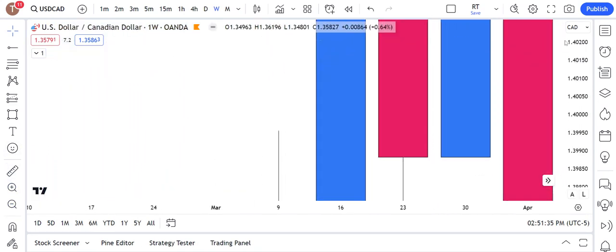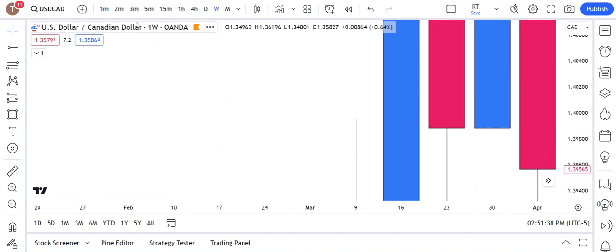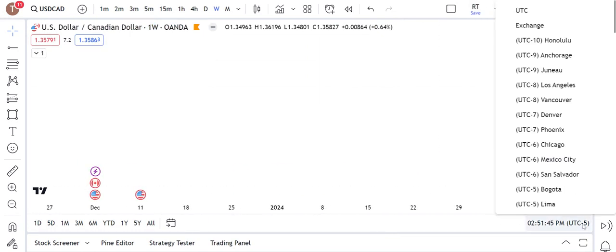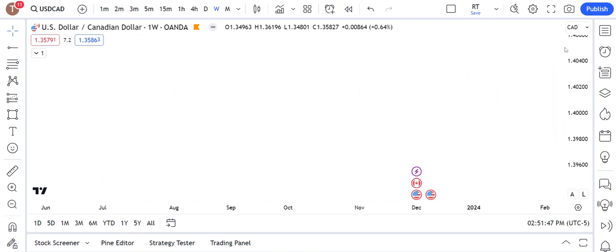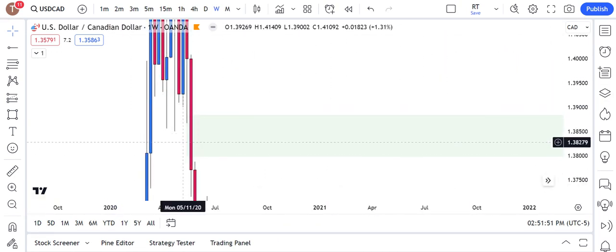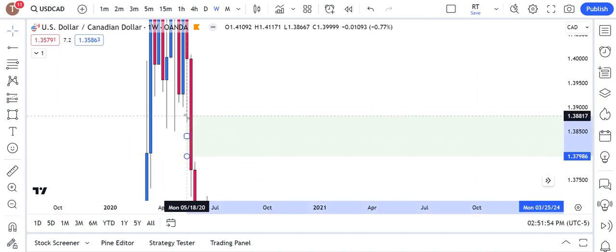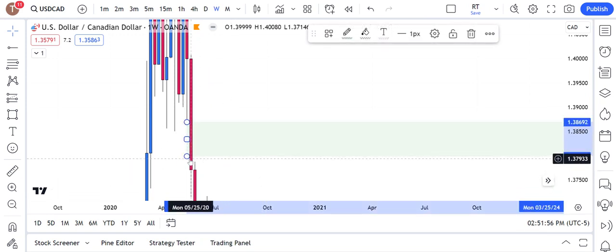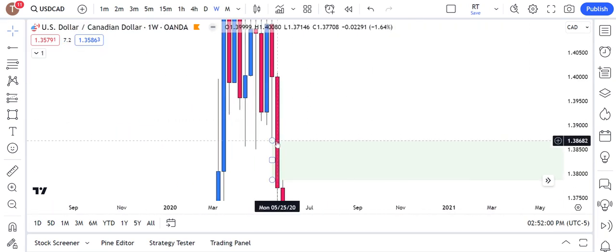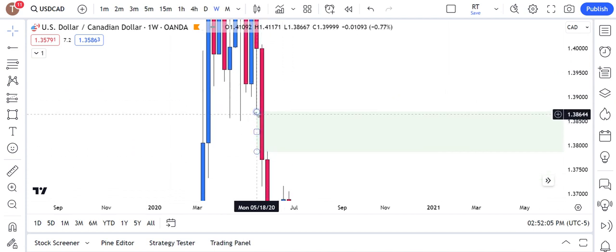This is where I wanted to come back to. This area right here. So you see there where this space is, where there is a wick, a black line right here before this large red pink candle. There's a line here, and this is a wick.